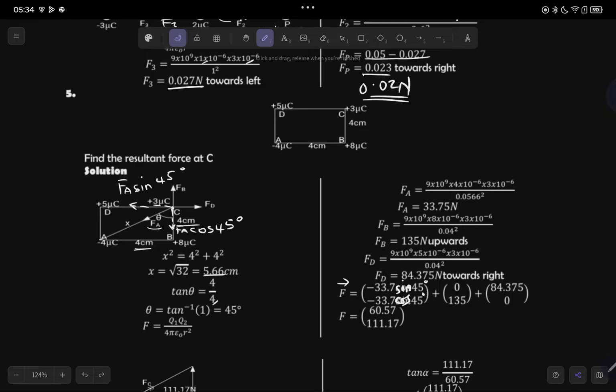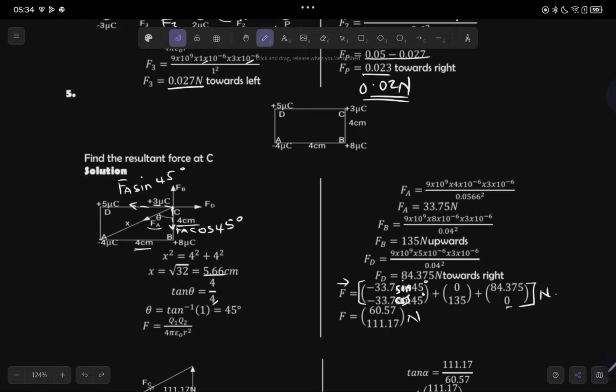Then when we go to FD, it is entirely horizontal, and since it is facing towards the right, it is positive 84.375 as it was got here. Then it has a zero vertical component. It's always important if dealing with a physical quantity to attach its unit. So these are newtons.